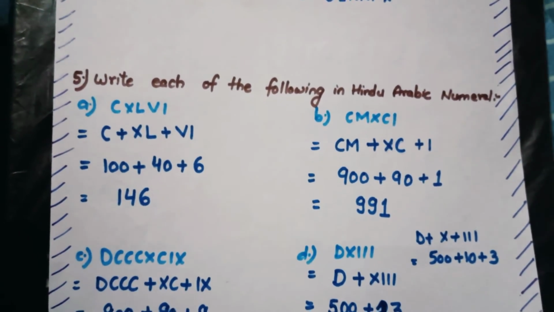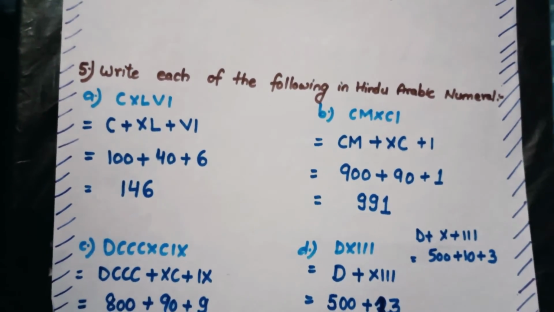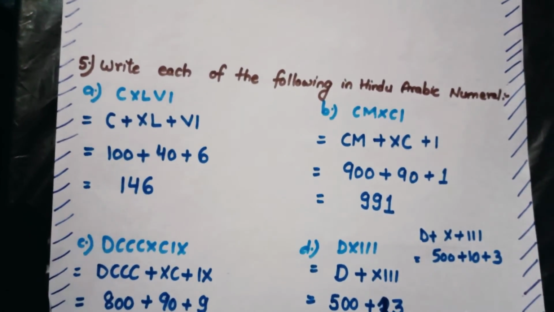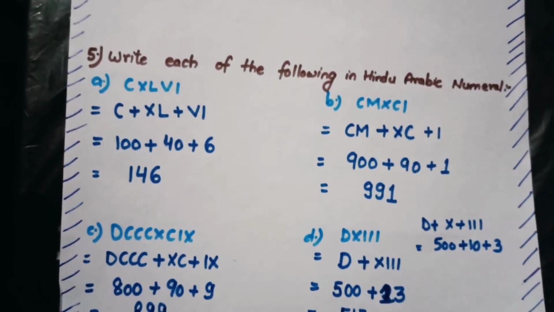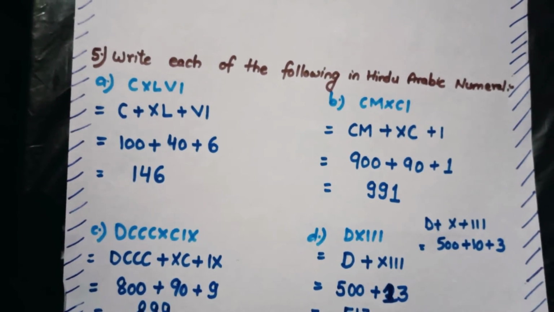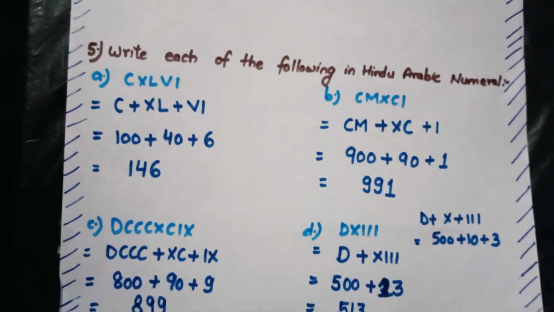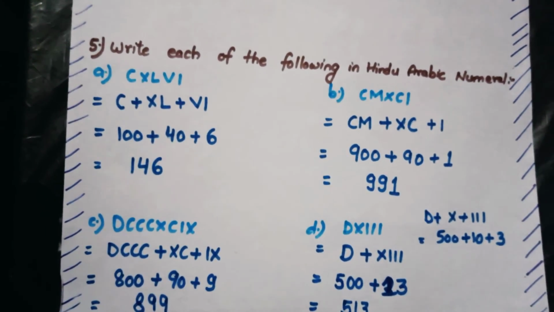Please make sure to learn the table very properly, and in your test also please solve the sum in your rough notebook. Whatever number will be there in your test, solve it in your rough notebook and then carefully tick the correct answer.